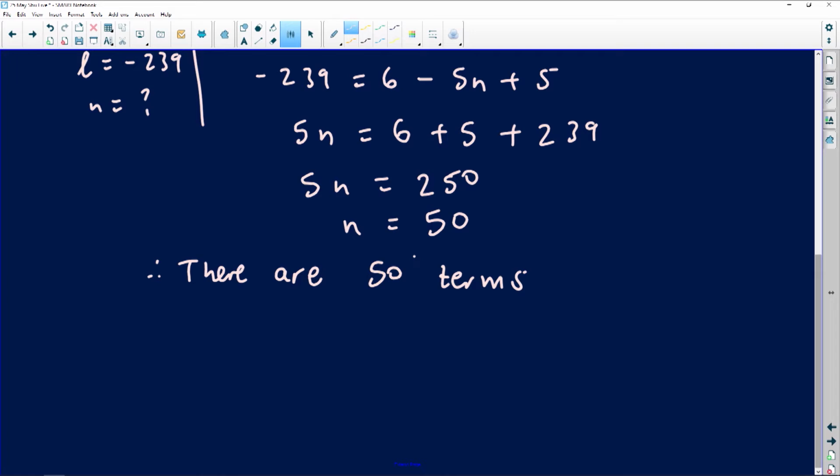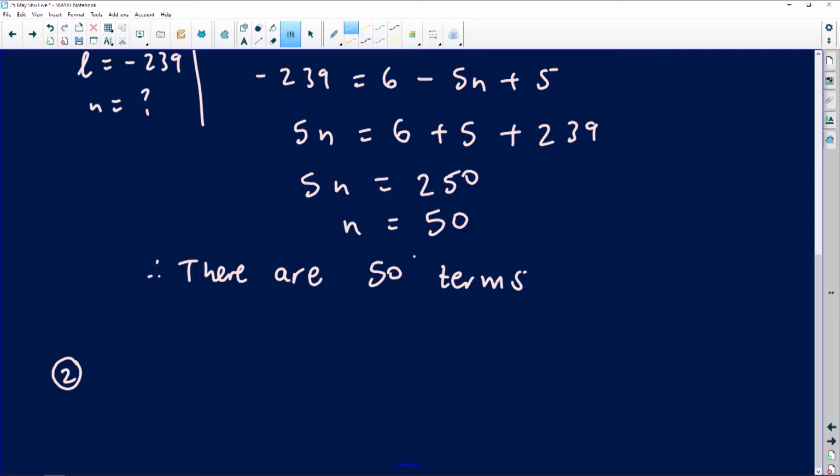Now, the next question, the second question, reads as follows. The third term of a geometric series. You see, we're changing tune now from arithmetic. We're now asking you about a geometric sequence. The third term of a geometric series is 18. Let me write that down.